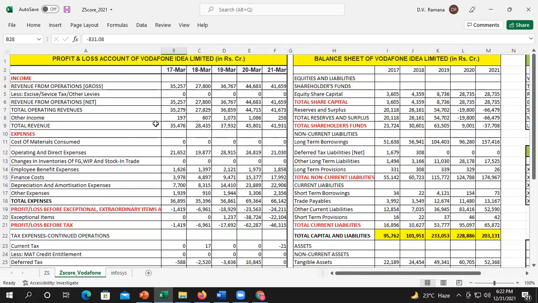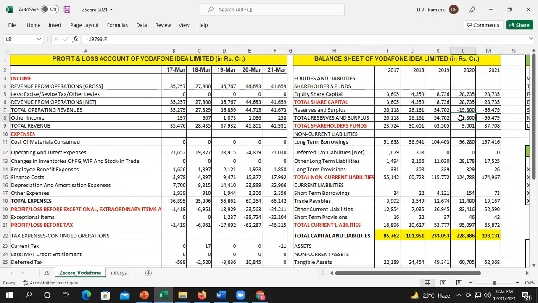What is the main reason for that? We can see the sales is more or less constant, 35,000 to 45,000 crore, 41,000 crore. But the interest component has been rising extensively during this period. So the company is incurring loss. Because of that, the reserves and surplus have gone from 20,000 positive to 66,000 crore negative.